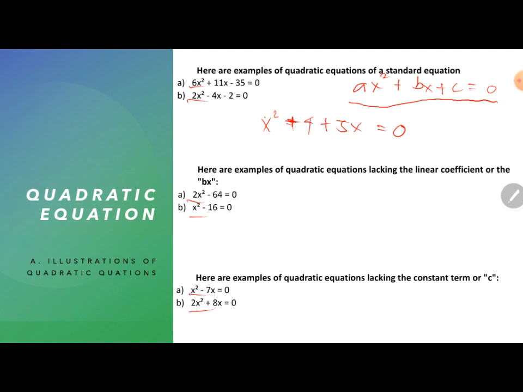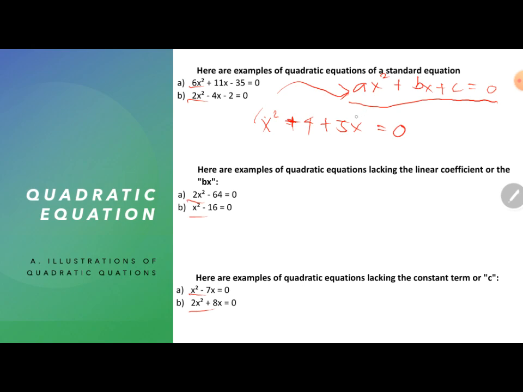To transform this into standard form, always write the a, b, c of this equation. So we have ax squared.